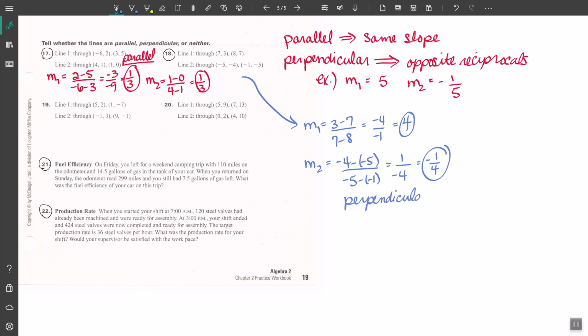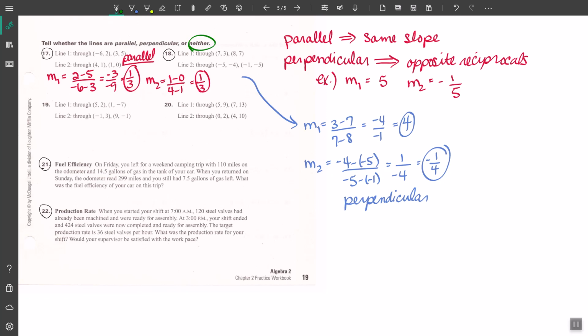Now the other option there they spoke of was neither. So in order to have neither perpendicular or parallel lines, it's just like any other situation. If the slopes are not the same, that means that they're not parallel. And if they are not opposite reciprocals of each other, then that means they're not perpendicular either. Then they are not parallel or perpendicular.